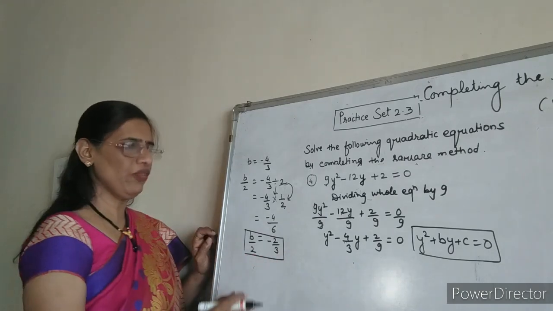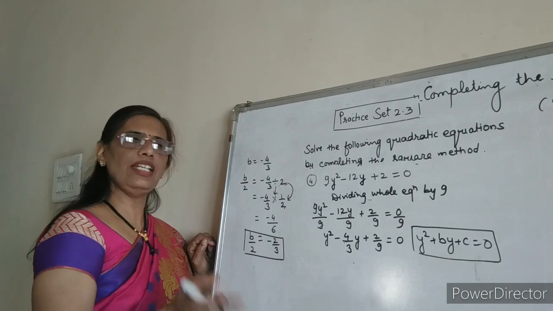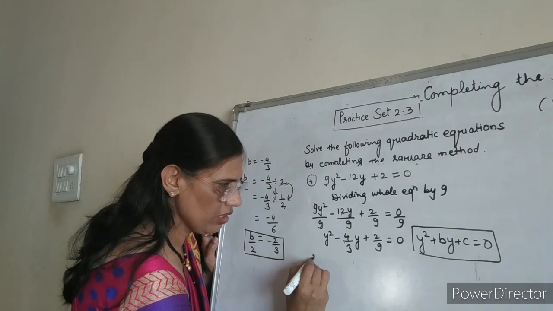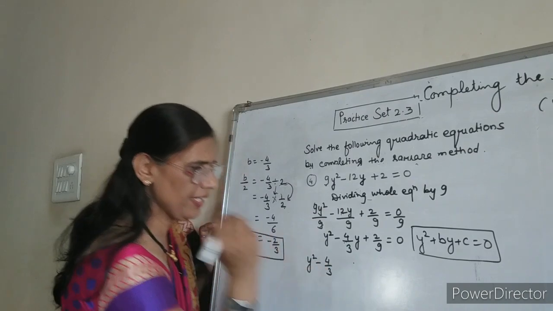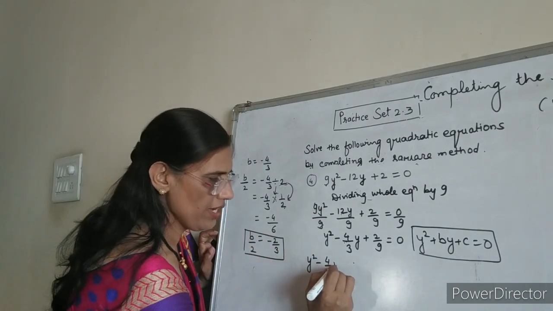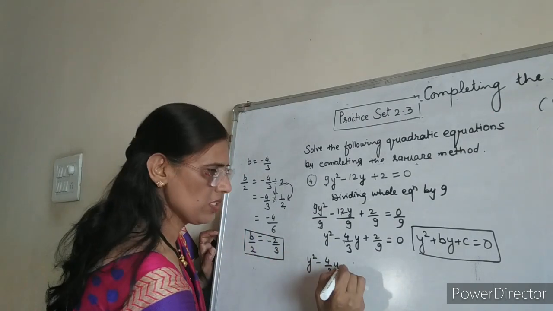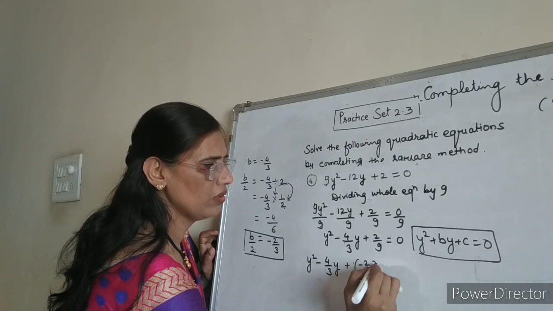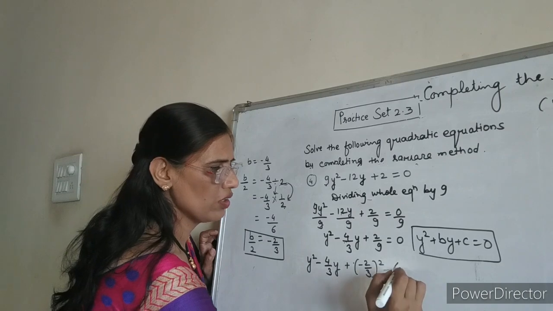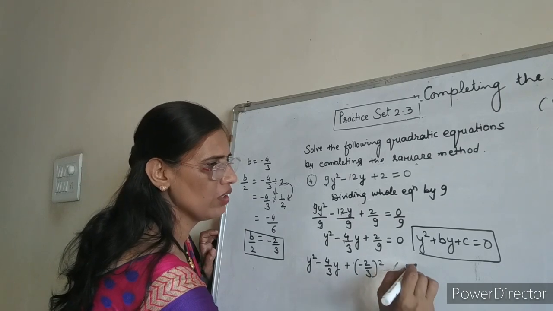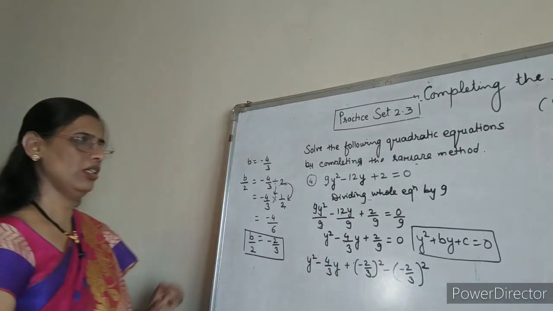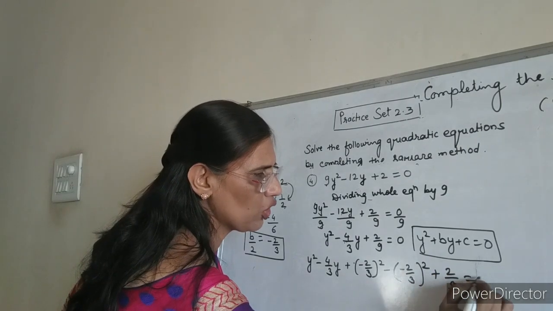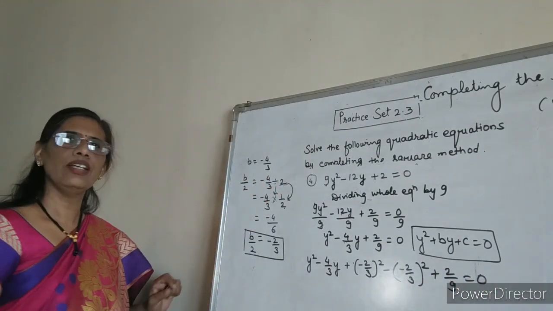Now what will you do? You will add (b upon 2) whole square and subtract (b upon 2) whole square. So here y square minus 4 upon 3 y plus (minus 2 upon 3) whole square minus (2 upon 3) whole square plus 2 upon 9 is equal to 0, right?